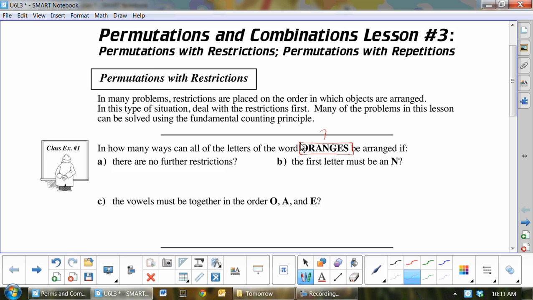Okay? So what is the total number of arrangements I can make if there's absolutely no restrictions? How would you do this one? Okay, that is one way. 7, pick 7. That's one way. What's another way?